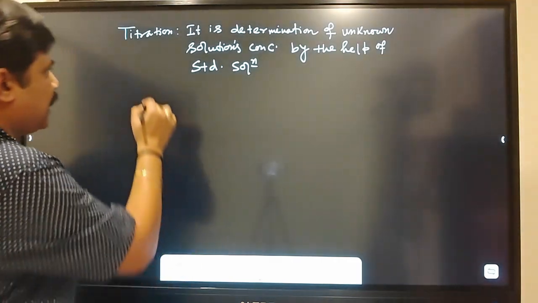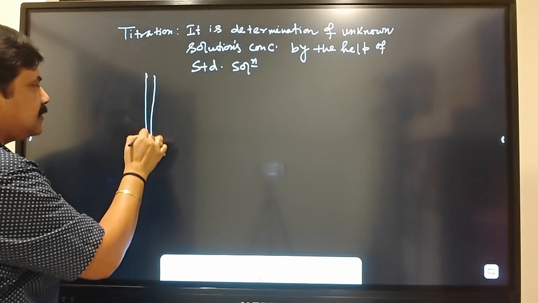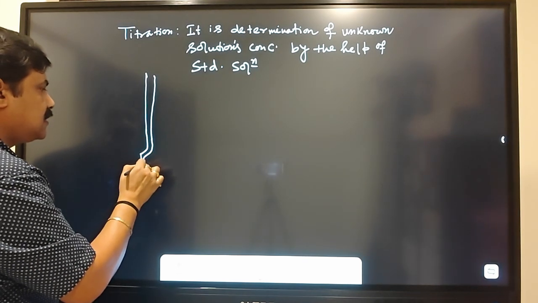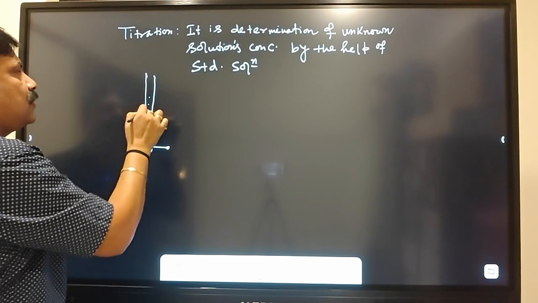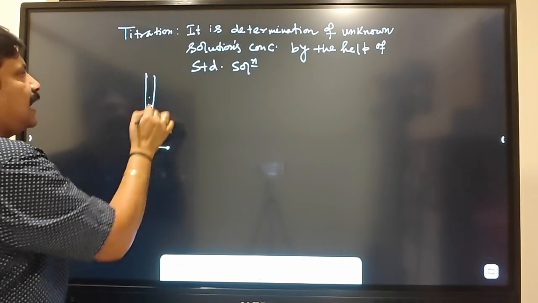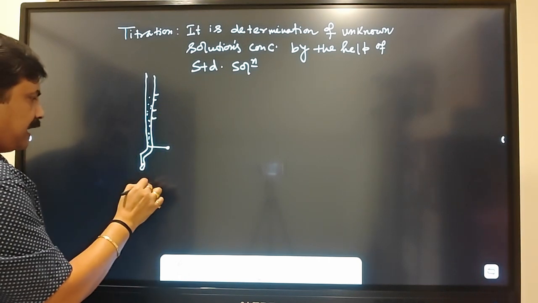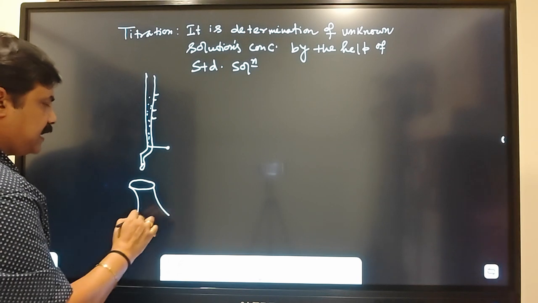If you quickly look at the setup of a titration, there will be one burette like this. My drawing is not good, but this will be the burette. Here one knob will be there, a solution will be there, and the measurement scale will be there. Below there will be a conical flask, or you can take a beaker.